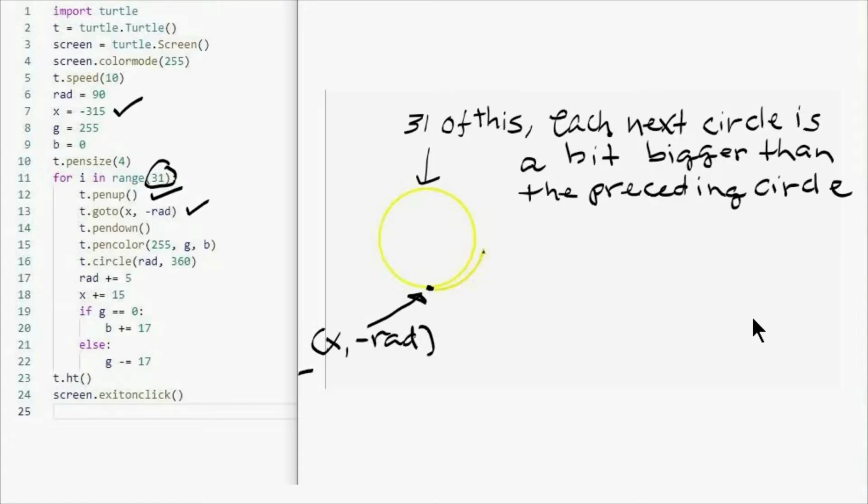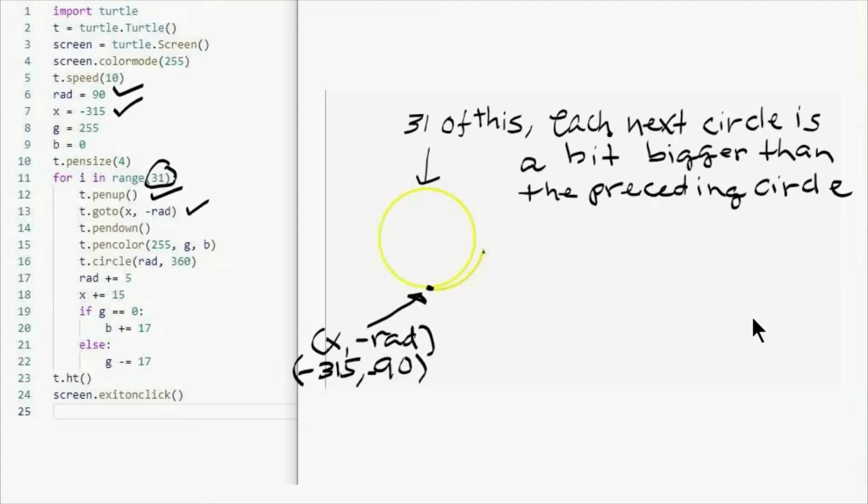It is negative 315. And the value of the rad is given in line number 6. It is 90. So we put the minus sign in front.